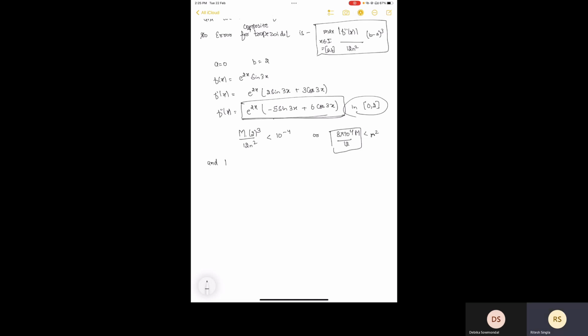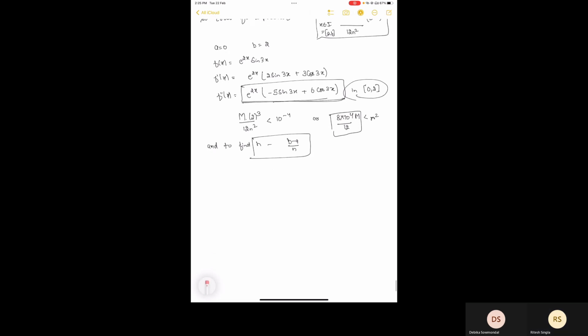And to find h, what do we need? b minus a upon n. Is this fine?